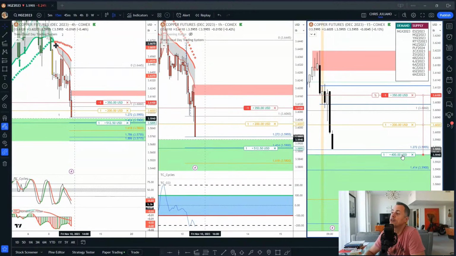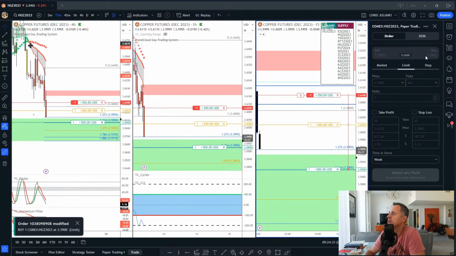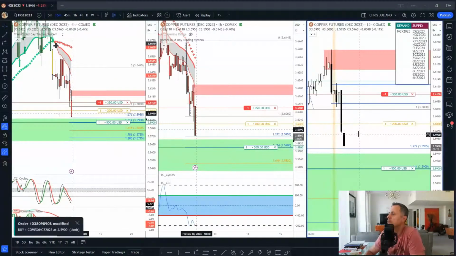Or actually 4-1. This is 4-1 because this was $100 risk, right? So we can put our target right at that 141 mark. Got 5 minutes left.